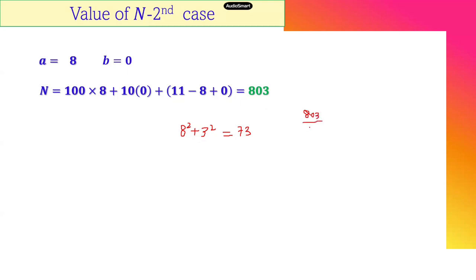So this is divisible by 11. So in the same way you can validate the 550 case.